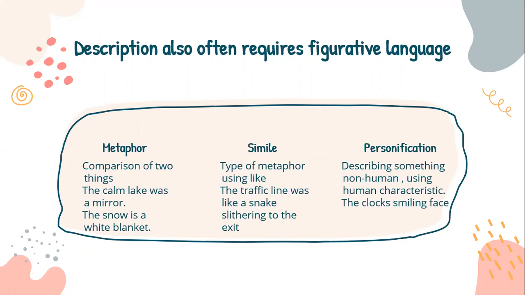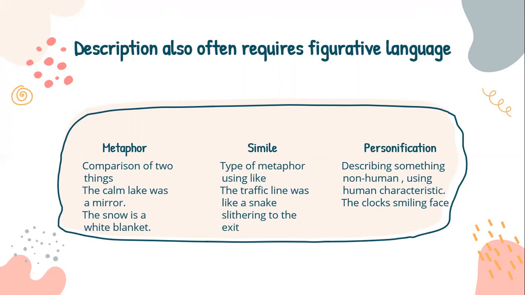Then comes personification. Personification means you're giving something that is non-human human characteristics, like the clock's smiling face or the lightning danced across the sky. Now, lightning was not actually dancing.